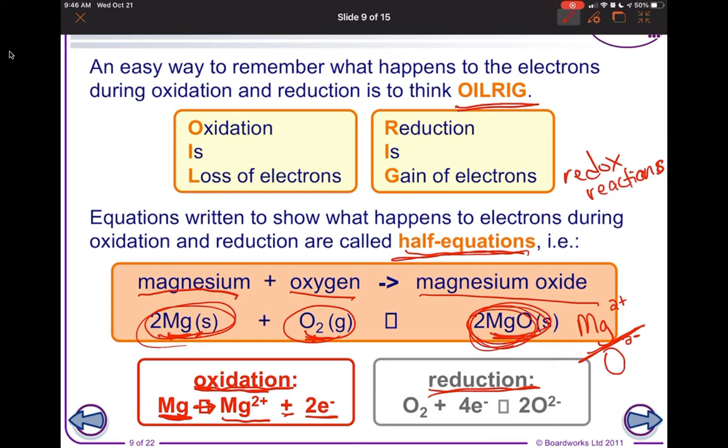We started with magnesium with no charge because it is in its pure form. If something is pure and is not in a compound, it has no charge. It is stable. So that's why I have magnesium written alone. And then we're producing magnesium ions, and magnesium ions always have that 2+ charge.